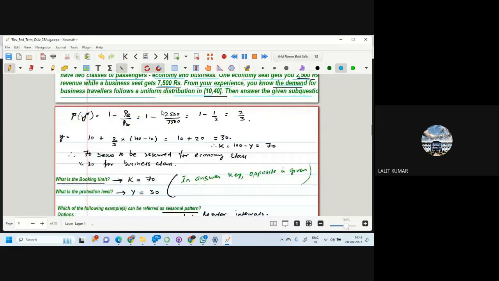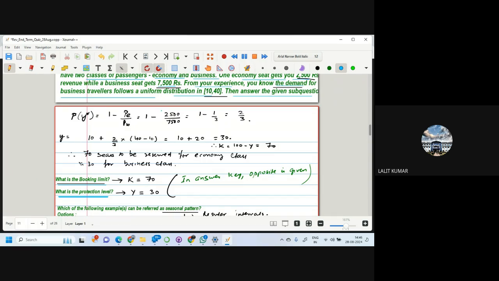What is the booking limit and what is the protection level? Remember, the booking limit is always for the economy class, and the protection level is for the business class. In the answer key, the opposite has been given. However, in the discourse, Gemini has clarified that it is incorrect. So these are the correct answers.